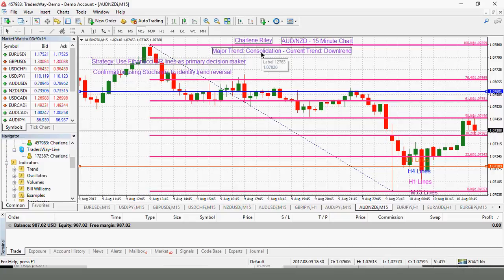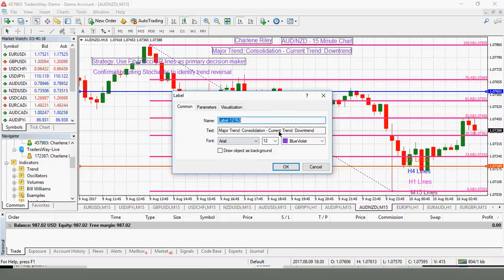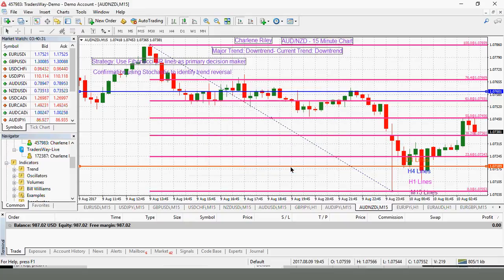We see that the major trend is actually a downtrend, and it looks like the current trend is also a downtrend.